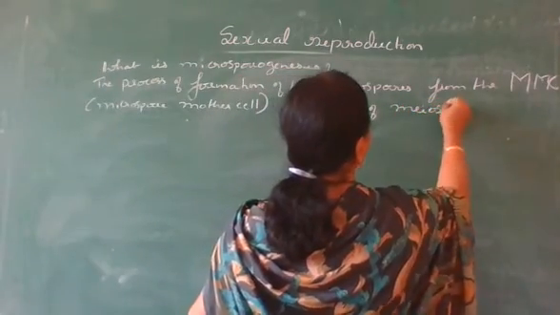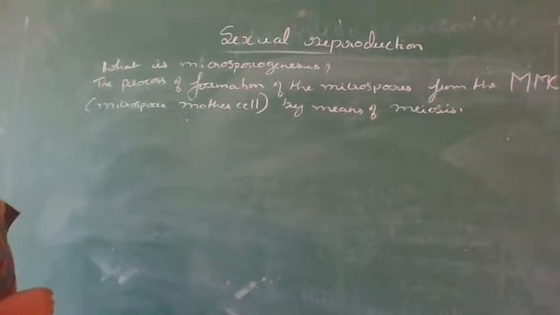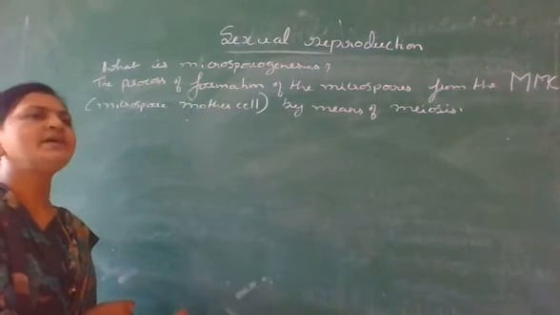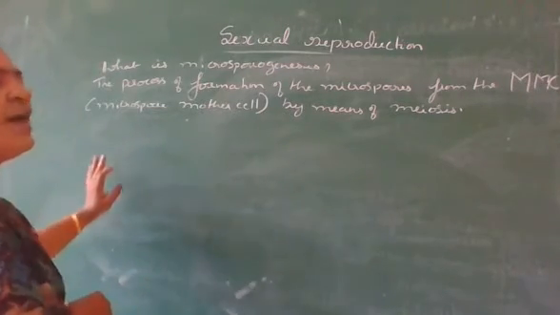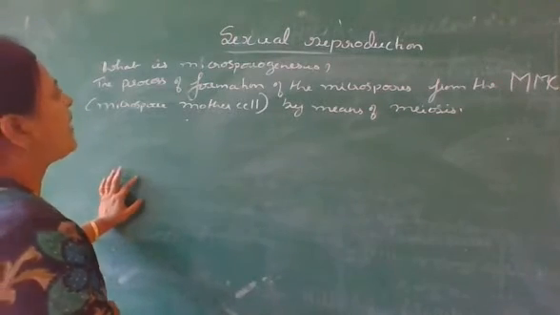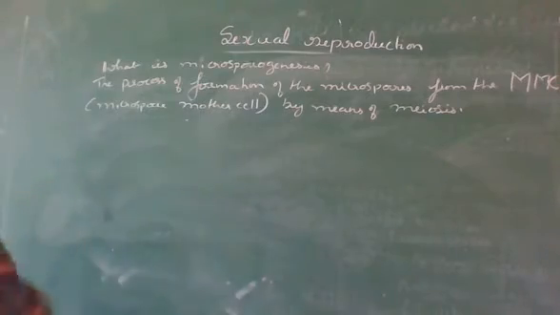Only through reduction cell division, the diploid MMC, microspore mother cell, produces microspores or pollen grains. This is called microsporogenesis. Next question.